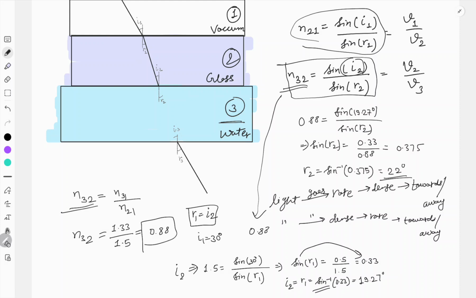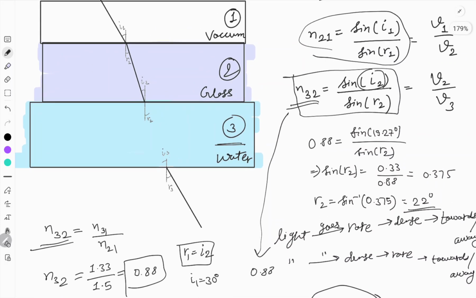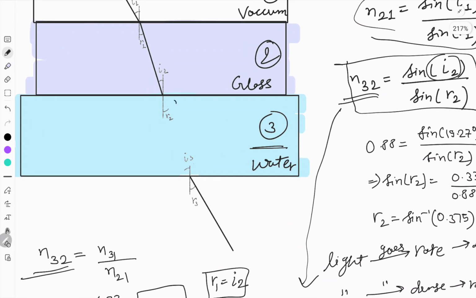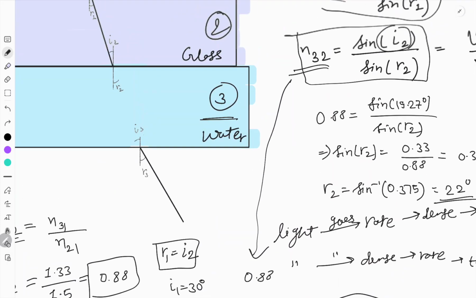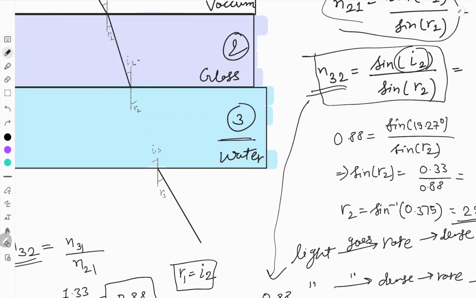Now what did we say? We said that if R2 comes out to be greater than I2, then it moves away from normal, right? And that's exactly what we found out, that I2 came out to be approximately 19 degrees, and this comes out to be approximately 22 degrees.